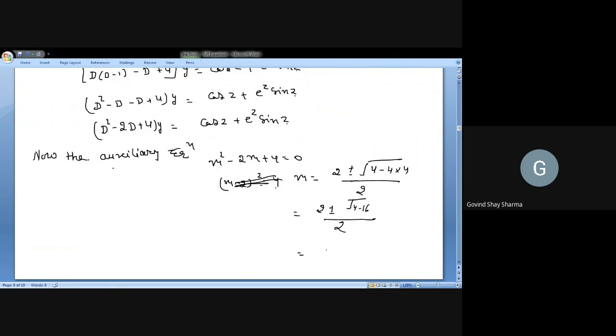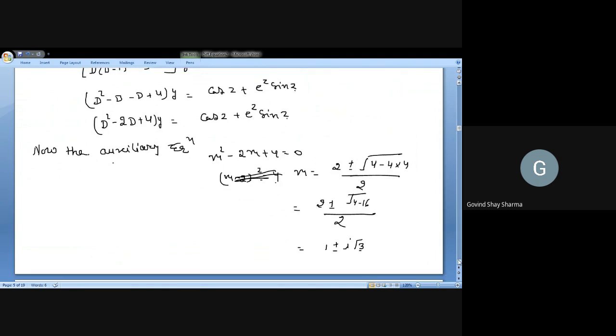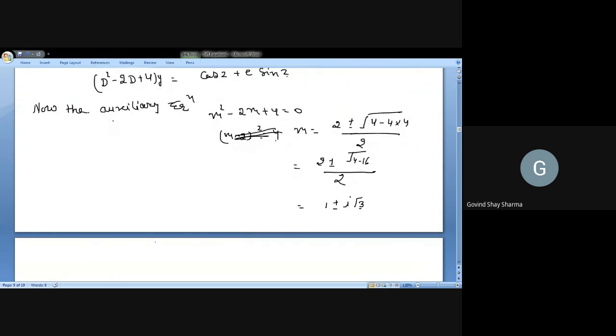So this will become 1 plus or minus iota root 3. Here, when the roots are imaginary, the complementary function will be e to power alpha z, where alpha is 1, so e to power z times c1 cos root 3 z plus c2 sin root 3 z. This is the equation.